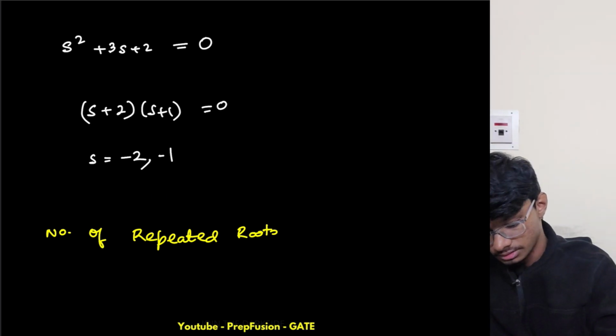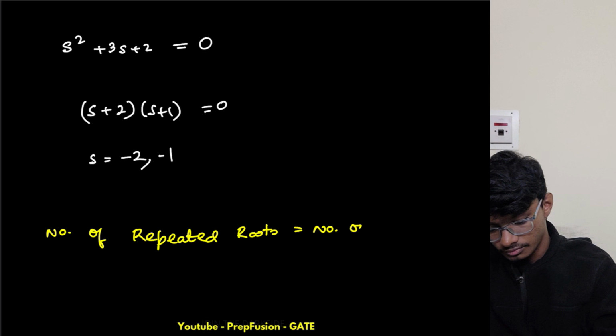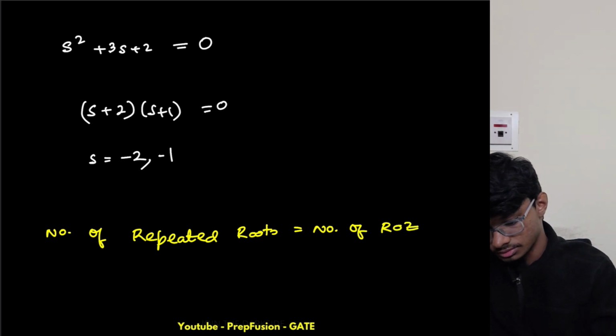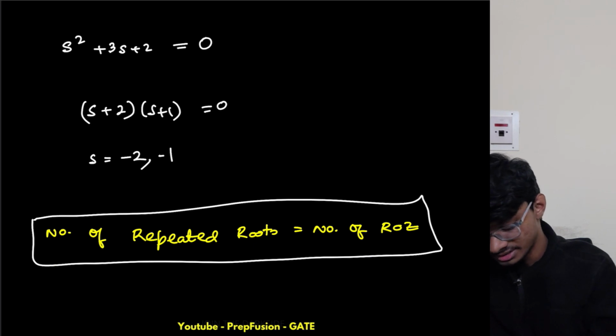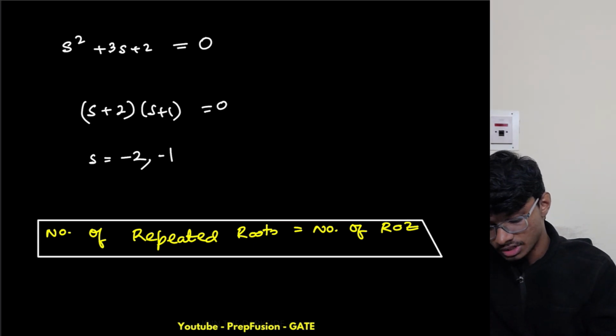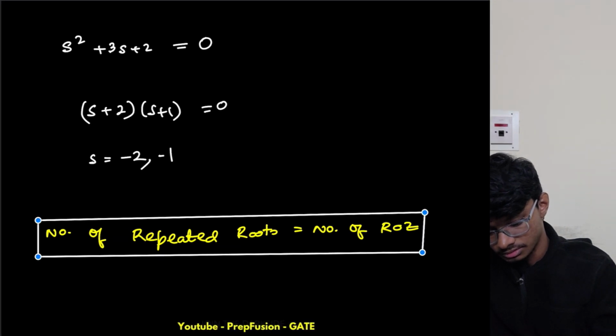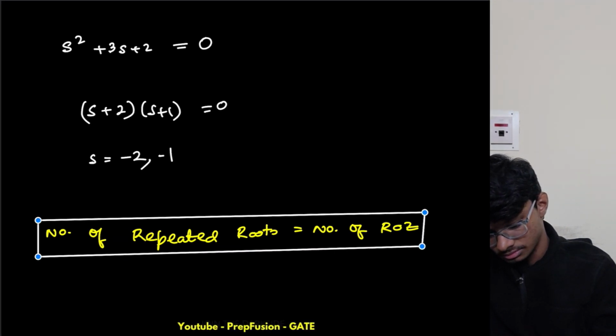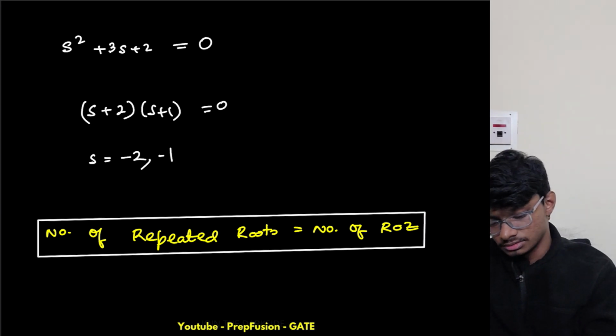How many rows of zeros I have equals my number of repeated roots. So this is another important concept, not a formula, that you need to keep in mind. This is important.